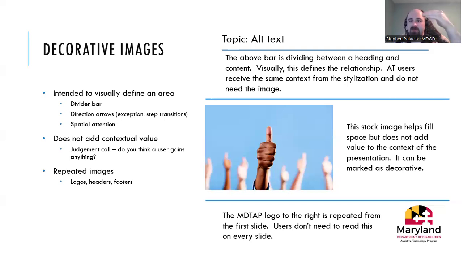If we did topic, alt text, heading, and then had the image there and maybe said divider bar or blue bar, and then paragraph, they'll assume the same thing, but it's an extra input they have to work through that doesn't add any value, because the stylization and the code, if we use the presets correctly, will tell them that information anyway. So we can skip that step. It just makes it a better experience for them.